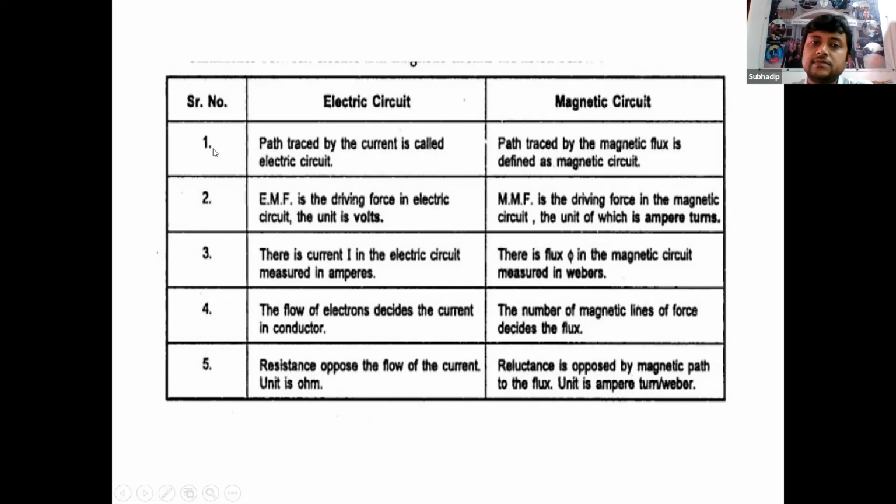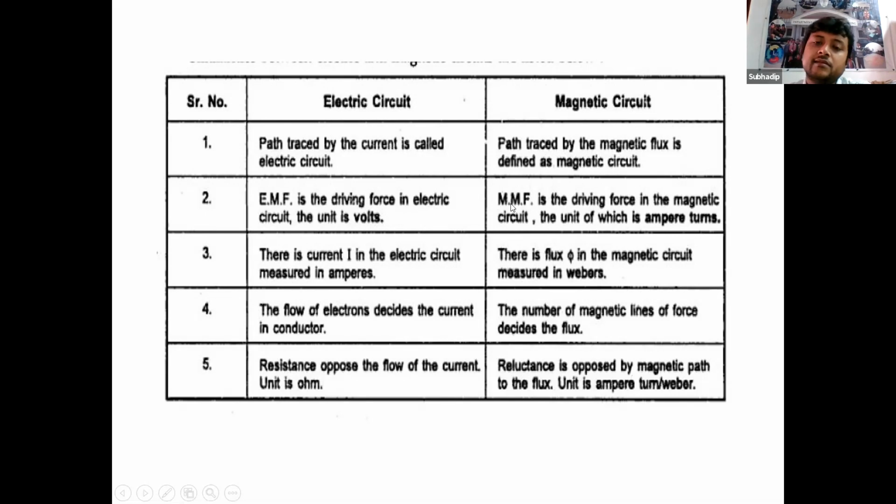So what is the difference between electric circuit and magnetic circuit? Number one, the path traced by the current is called the electric circuit, and the path traced by the magnetic flux is defined as magnetic circuit. Number two, electromotive force is the driving force in the electric circuit, and the unit is volts.